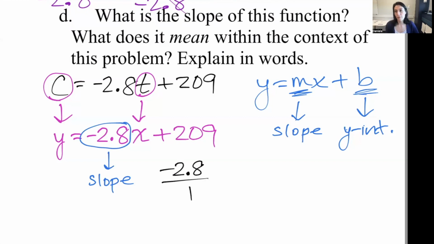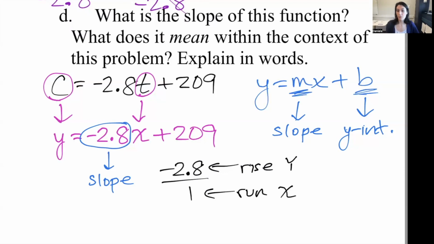That would mean it's going down 2.8 units for every one to the right. The reason why it's nice to write it as a fraction is we can see which way it goes. Remember that the top is known as the rise, which is the y, and the bottom is the run, which is the x.